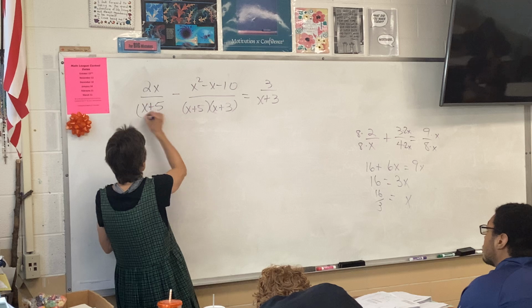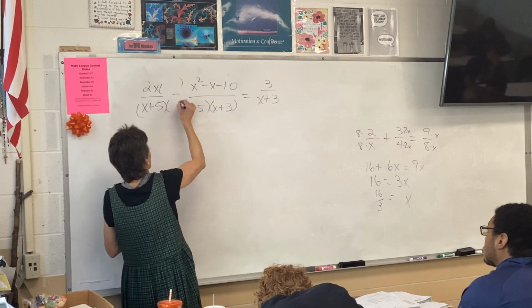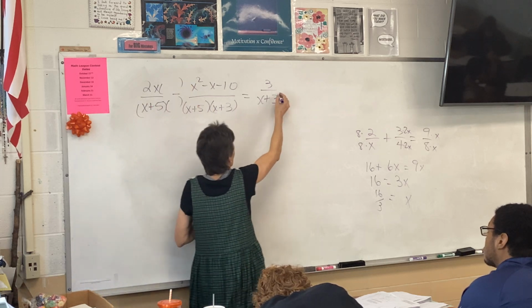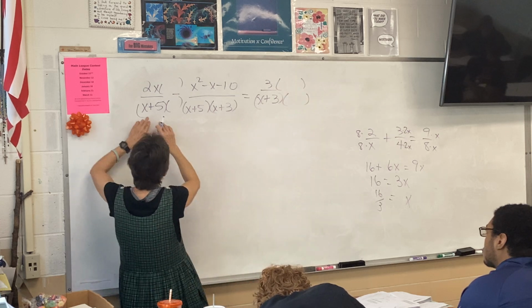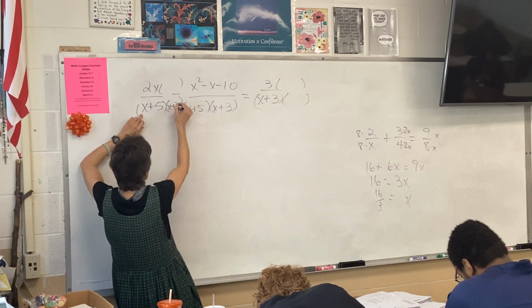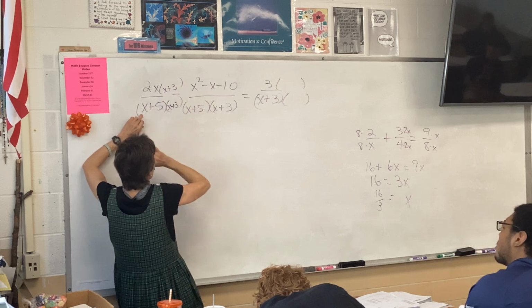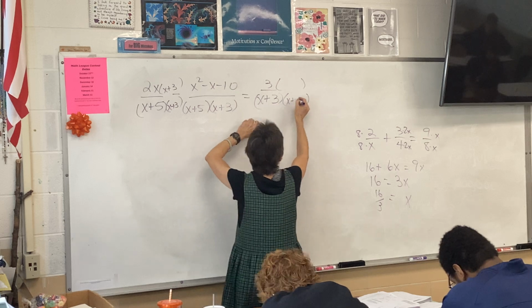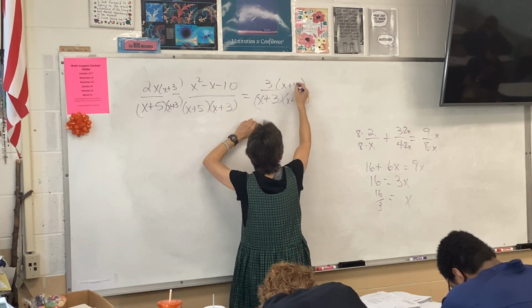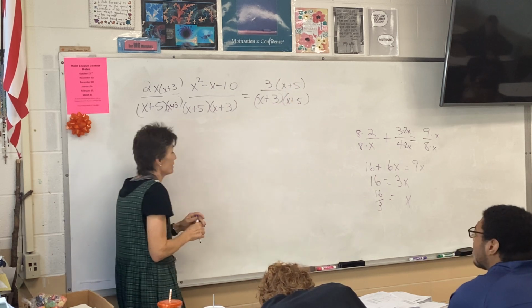All right, now we gotta make them all the same. So this one needs an x plus 3. This one needs an x plus 5. And that one doesn't need anything.